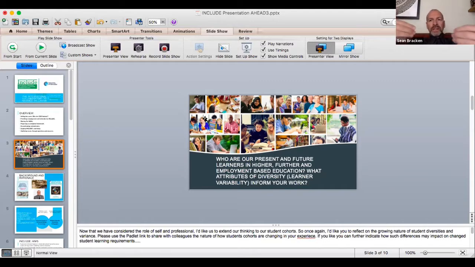So I'd just like you to reflect a little bit in relation to your own learners and the natures of the diversities that are part of your student identities.